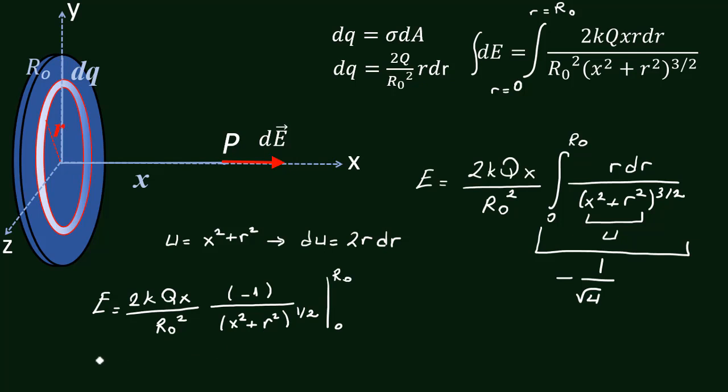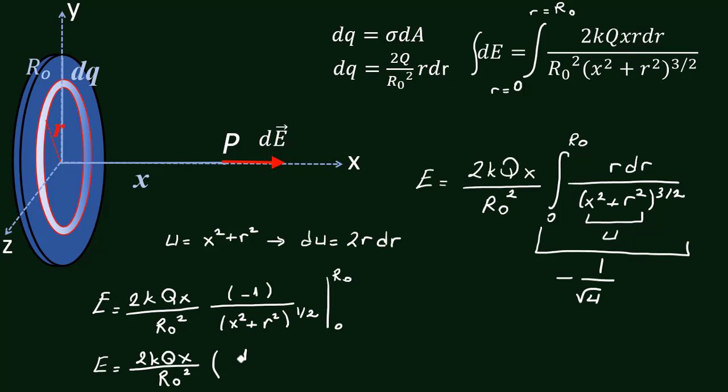All right, let's do that. So the electric field is 2kq x over r0 squared in parentheses. Since there's a negative sign, I'm going to put the lower limit first so that I multiply my limits with a negative sign.